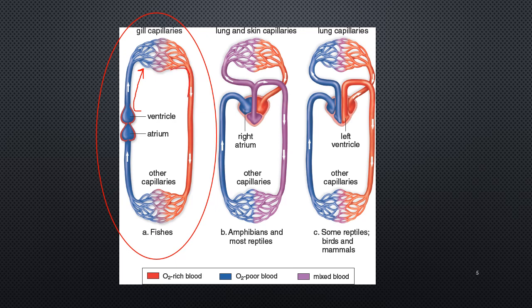And then it circulates back to other capillaries, for instance in the muscles where that oxygen is required, and gas exchange occurs across those capillaries, and then the deoxygenated blood comes back into the atrial chamber of the heart. So two-chambered heart, single loop. Okay, that's how our fish circulatory system works.